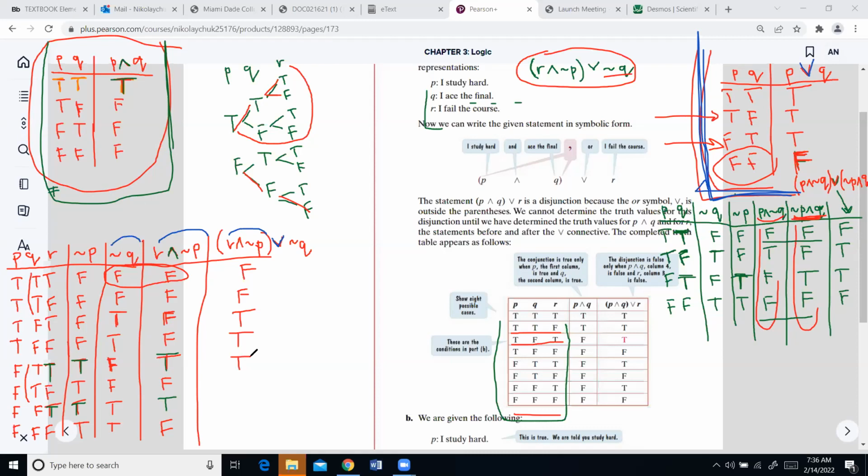Then I get both F's, which is what I just saw already. The result is F. Next, I look at both T's, right? T here, T here. So what's the result? When both are T's, the result is T.